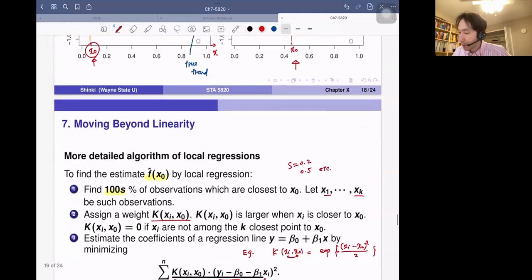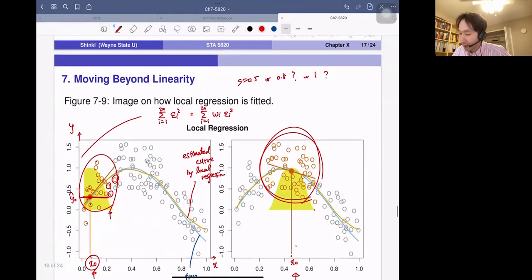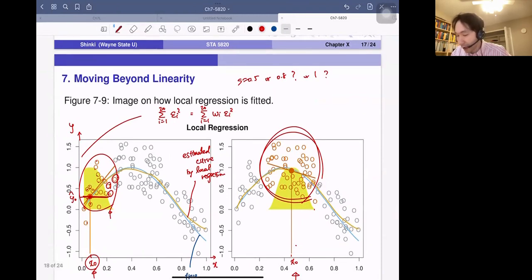Yeah, so the most basic idea behind it is calculating local average. But this is more sophisticated in the sense that we are not calculating just local average, but we fit a regression model on local information.